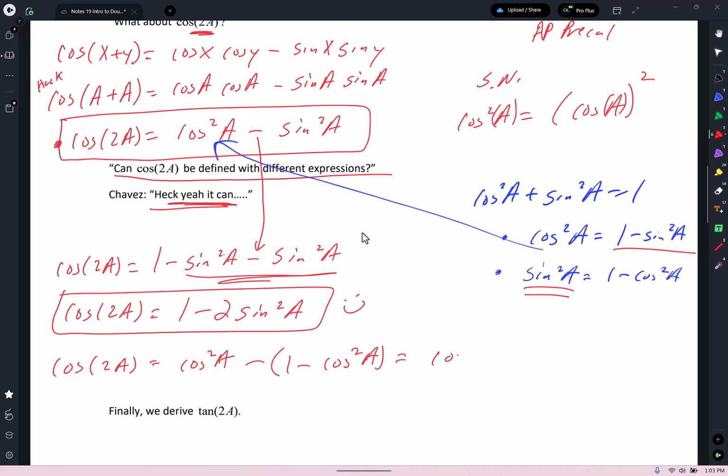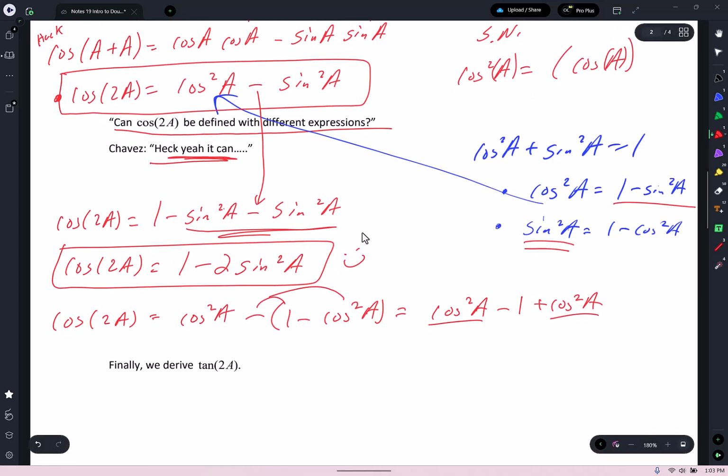Look what you get: cosine squared a, and then distribute the minus, minus 1 plus cosine squared a. How many cosine squares do you see now? 2. So here's my last formula for cosine 2a: cosine 2a equals 2 cosine squared a minus 1.